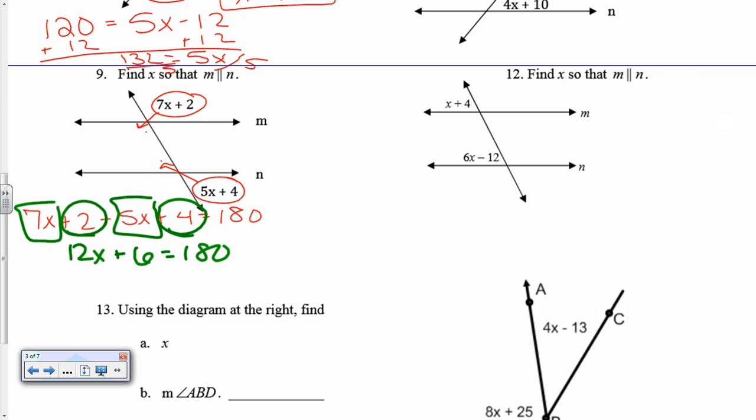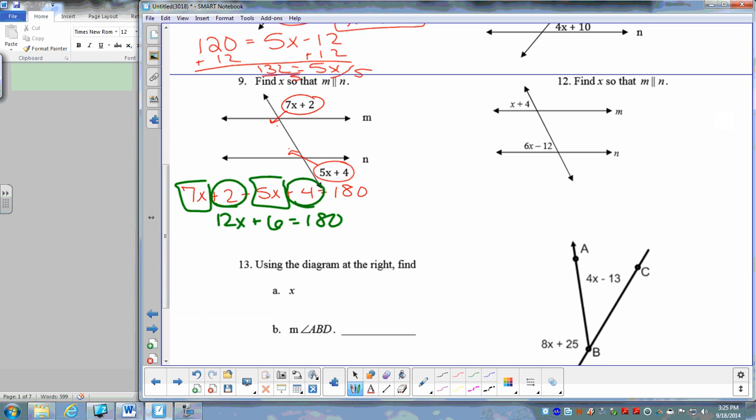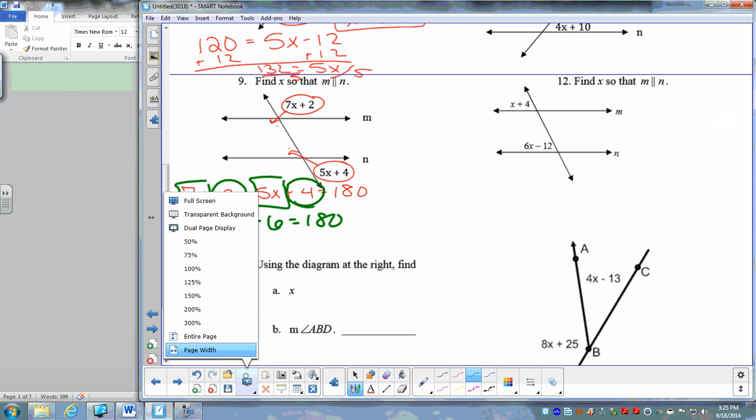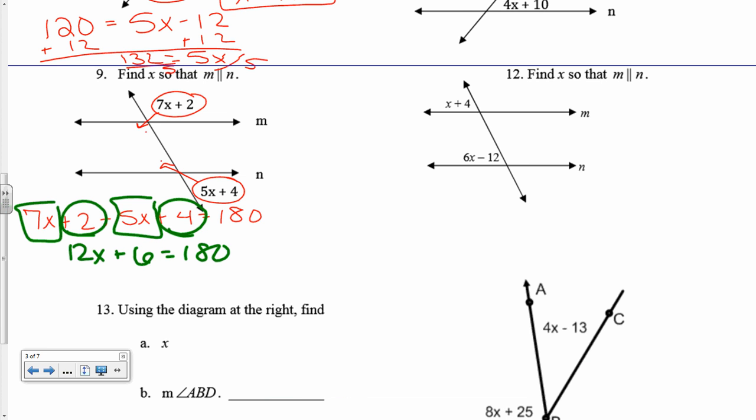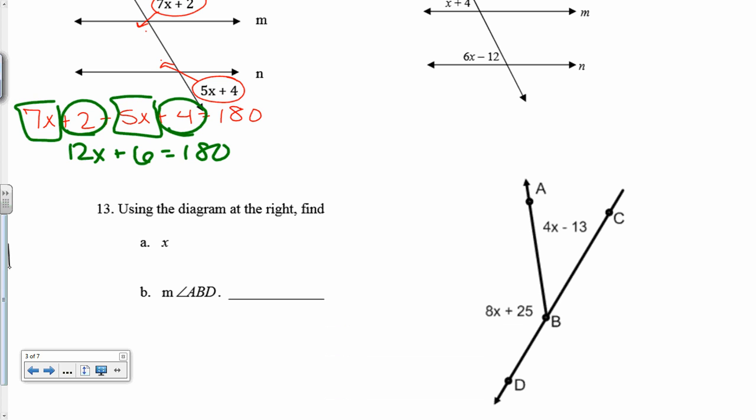Sorry for going back and forth between things. Subtract 6. And I get that x equals 14.5.